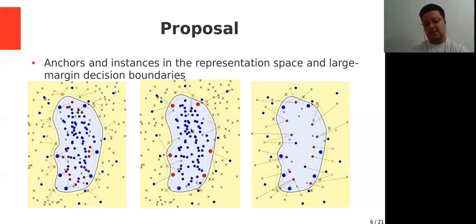In this image in the middle, we have an example of the second part of our loss function. Here, we have the misclassified instances. We have another misclassified instance here, and here, and their anchors are the support vectors from the same class.